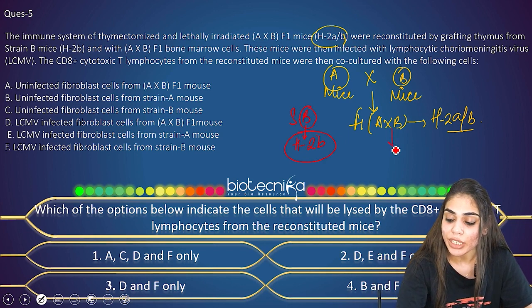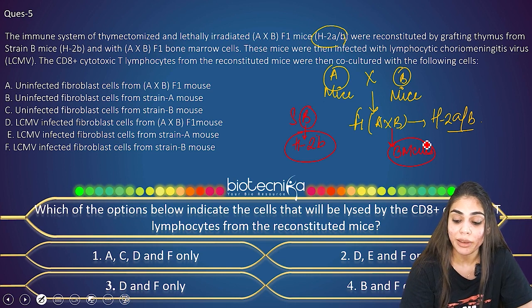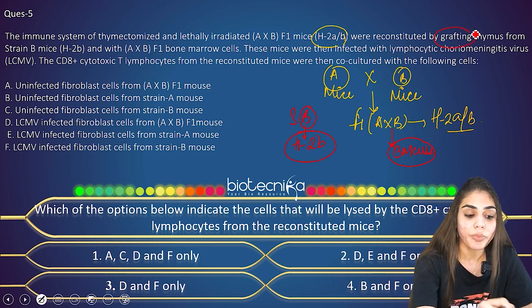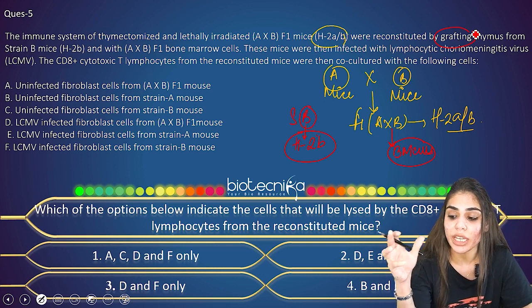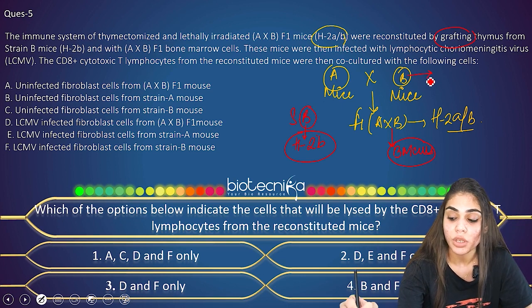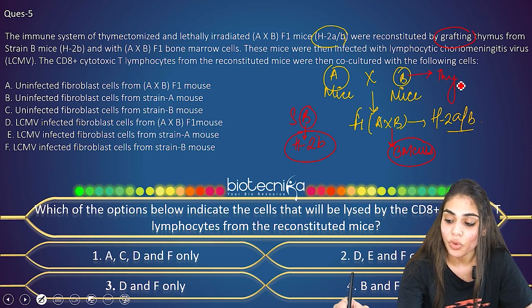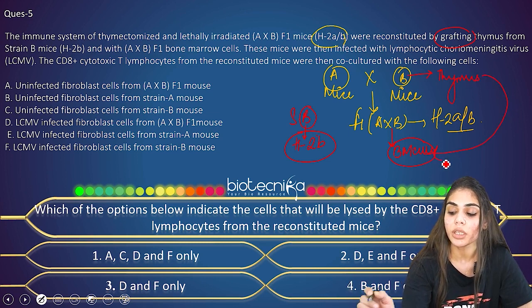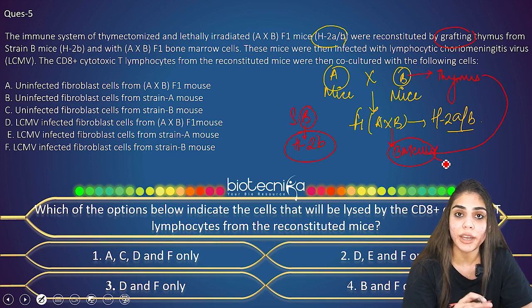So now they have taken bone marrow cells from the F1 progeny that is derived from A × B parents, and they have reconstituted thymus from strain B mice. Suppose this is strain B mice, they have taken thymus from here and they have reconstituted it with bone marrow cells of A × B mice, that is F1 progeny.